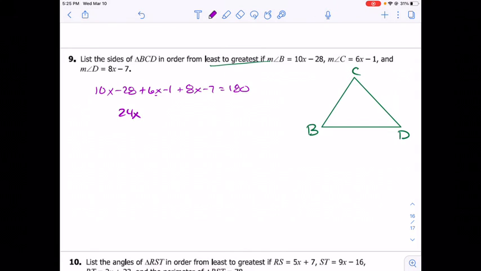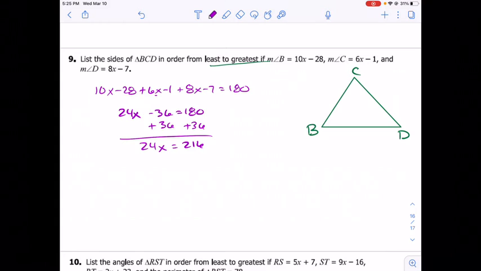And now we get minus 28, minus 1 is negative 29, and negative 29 minus 7 is going to be negative 36 equals 180. So we're going to start by adding 36. So 24x is equal to 216.